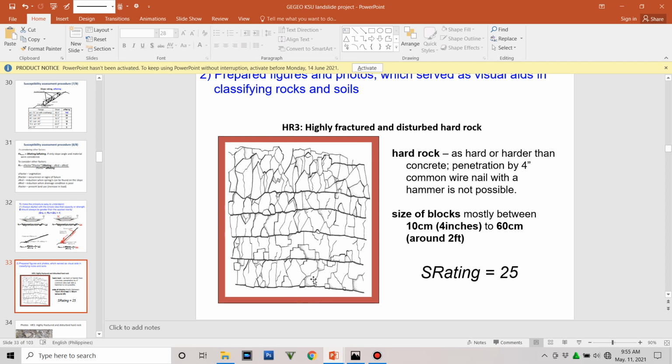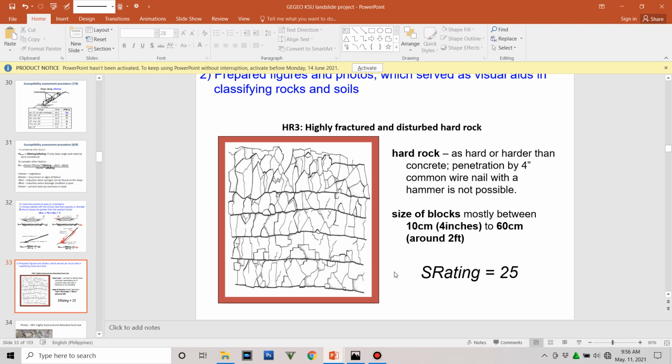So aside from the illustration, you can determine a hard rock or soft rock by a common wire nail that is 4 inches. So yung common wire nail, if you are going to drive that into the slope material, a soft rock will be penetrated by a 4 inch common wire nail.